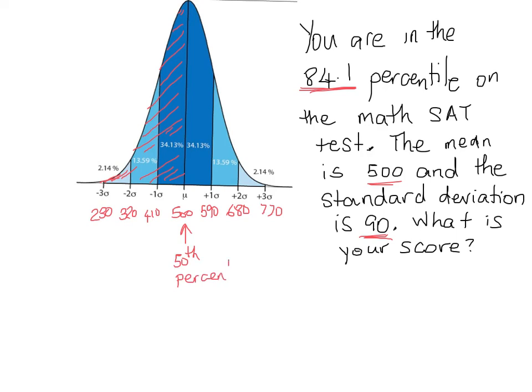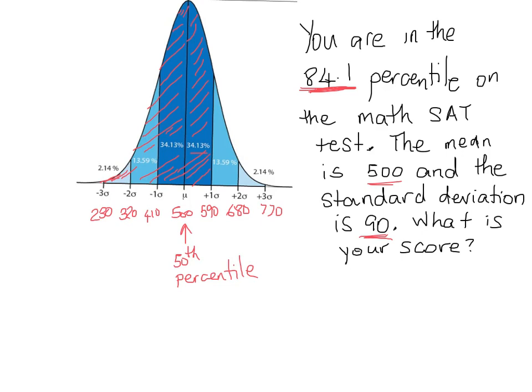All right. So now that's our 50th percentile, and we want to get up to the 84.1 percentile. So we have to go 34.1 more percent. So adding on that 34.1 will take us up to 84.1.